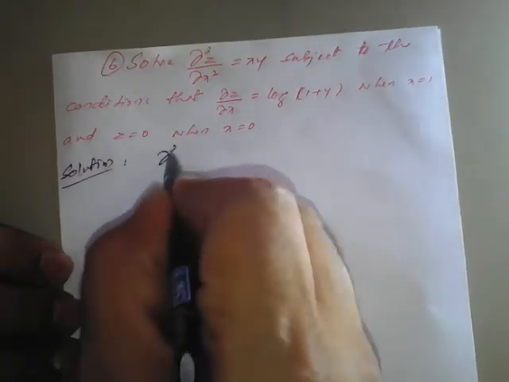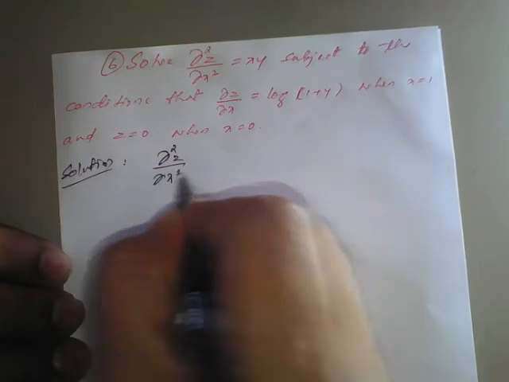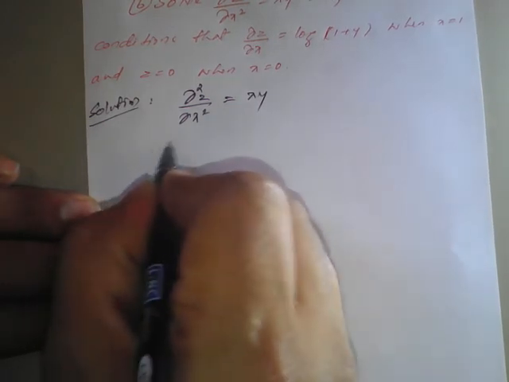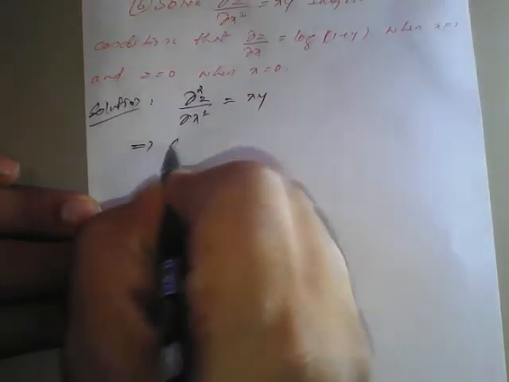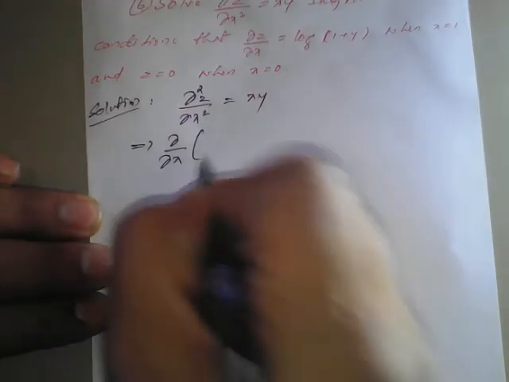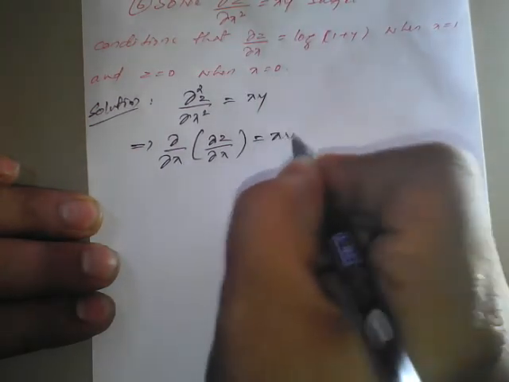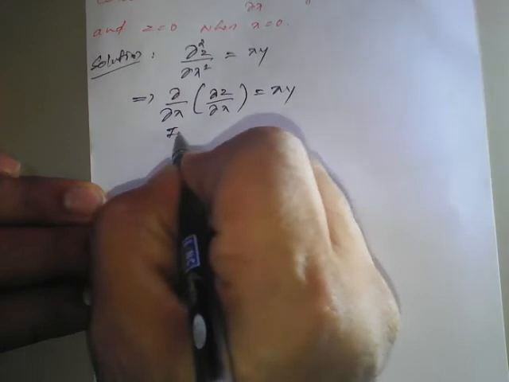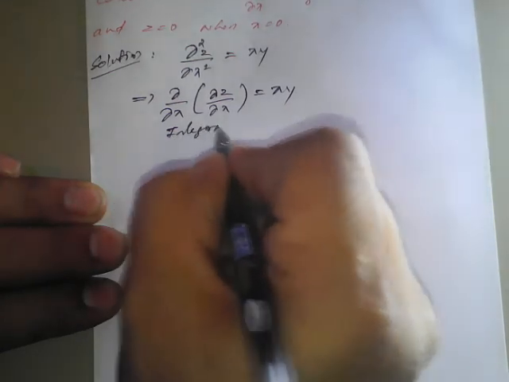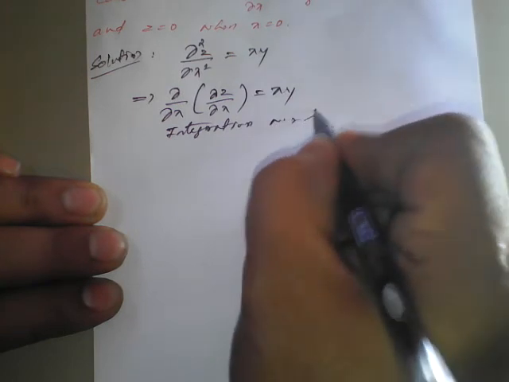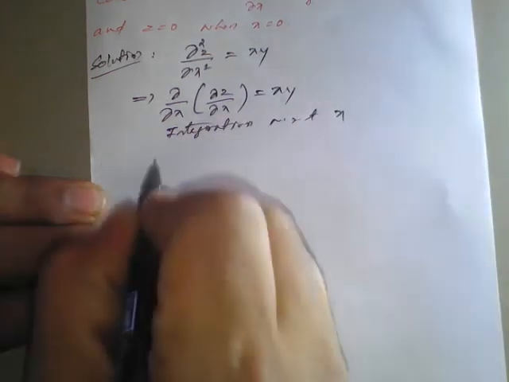dou square z upon dou x square is equal to xy. So before integrating, I want to rewrite this as dou by dou x of dou z by dou x is equal to xy. So integrating with respect to x, this will vanish.